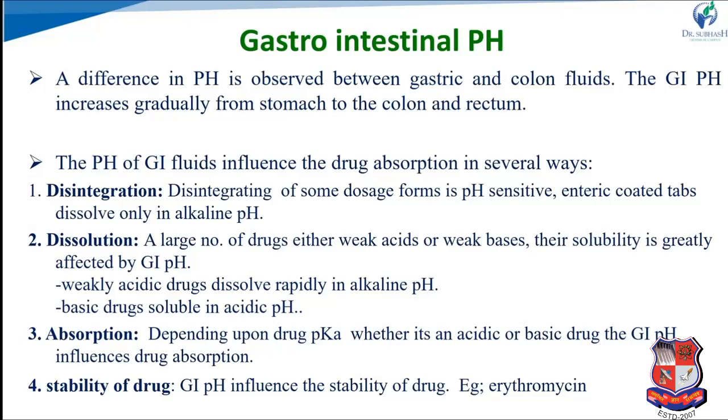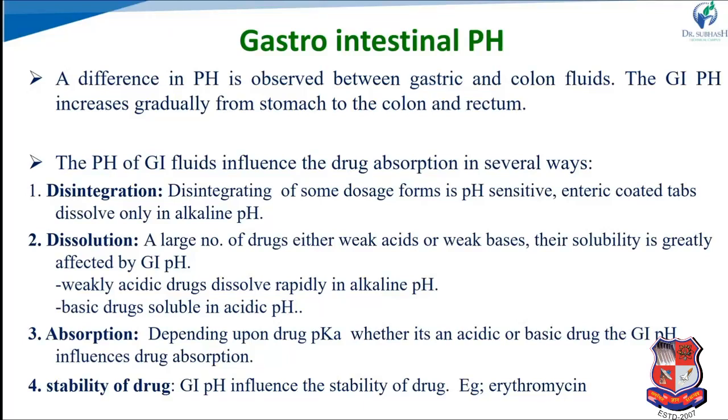Some dosage forms are pH sensitive; for example, enteric-coated tablets dissolve only at alkaline pH. Enteric-coating polymers dissolve specifically at a particular alkaline pH, so that is how pH influences drug absorption.